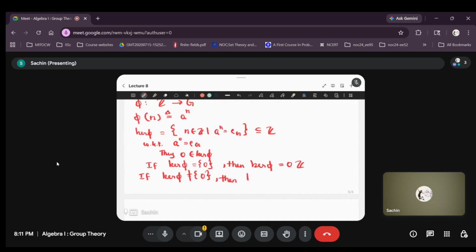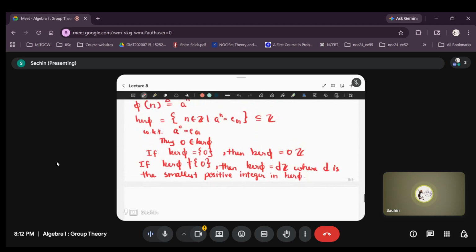then kernel of phi is equal to dZ, where d is the smallest positive integer in kernel of phi.